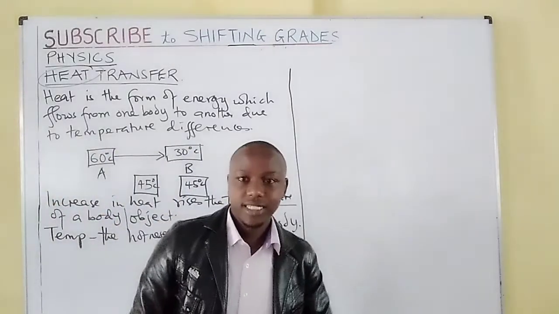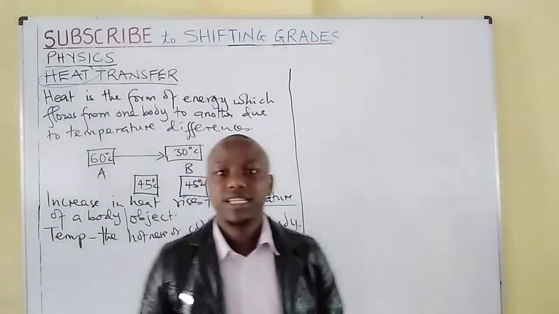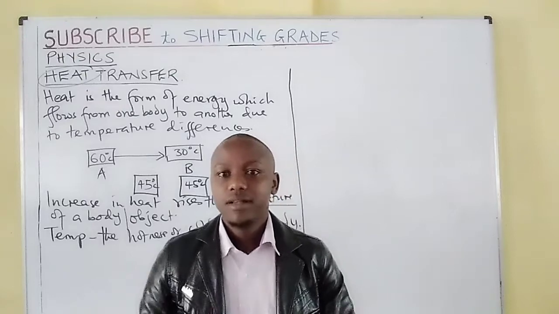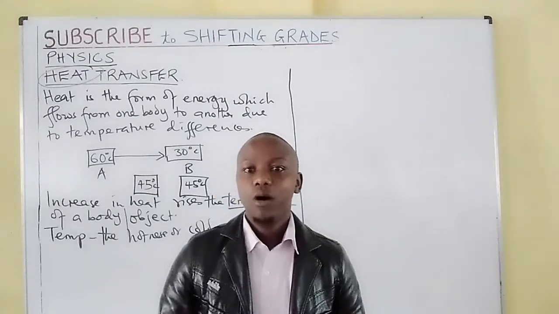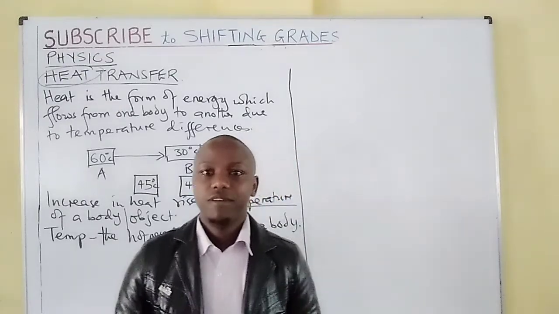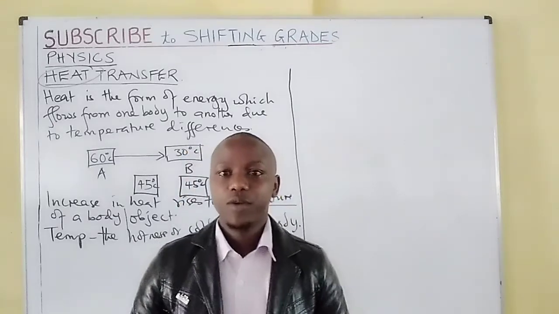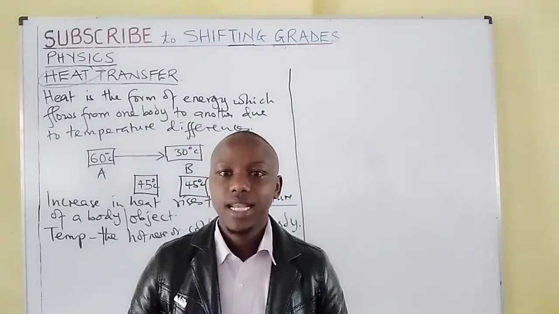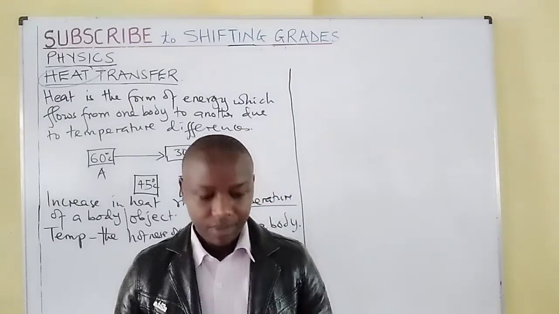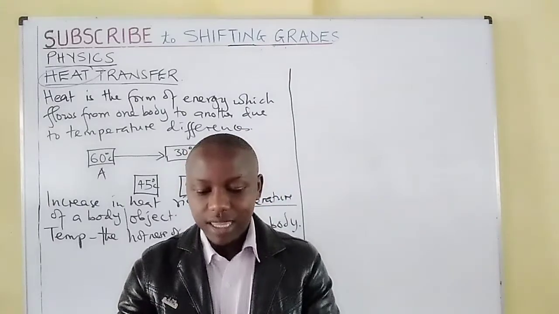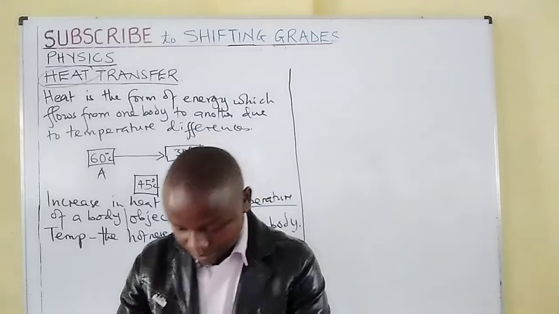Therefore, the more the heat in a given body, the higher the temperature you have. The coldness or the hotness of an object is due to the quantity of heat contained in it.